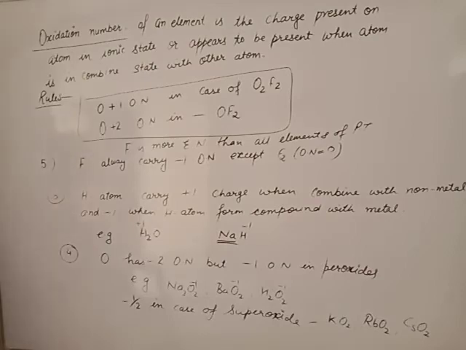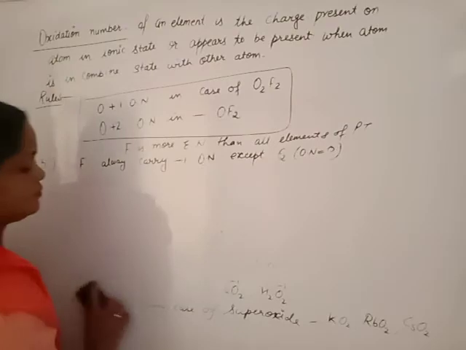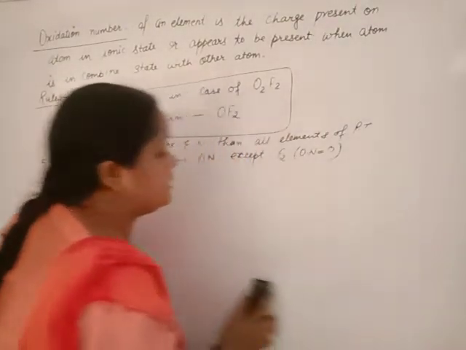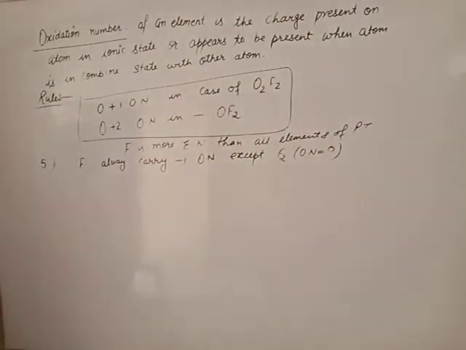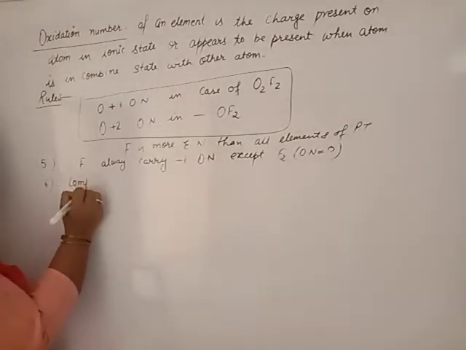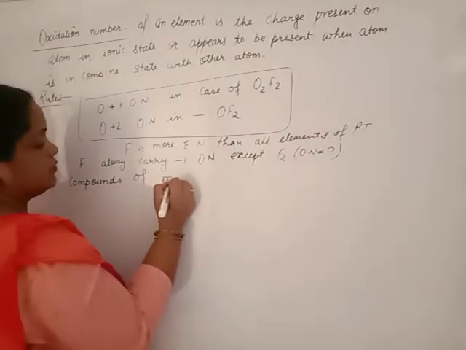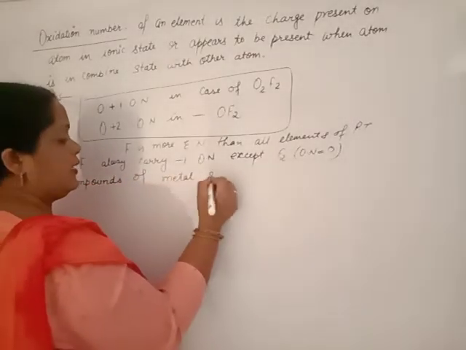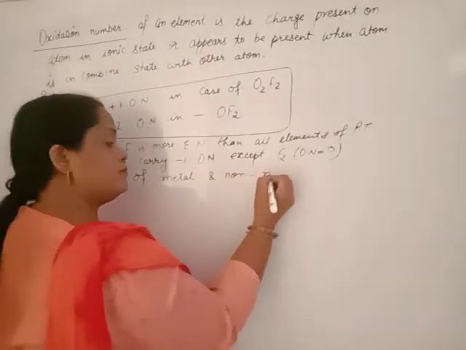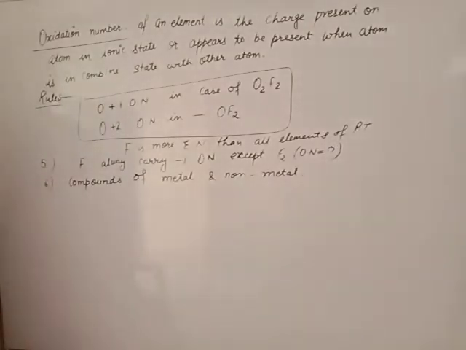Now, beta, compounds made up of metal and non-metal, like NaCl. Na is sodium, metal. Cl, chlorine, non-metal.